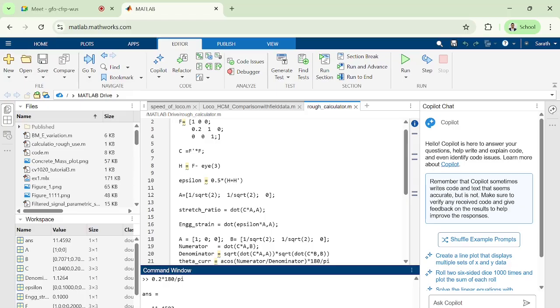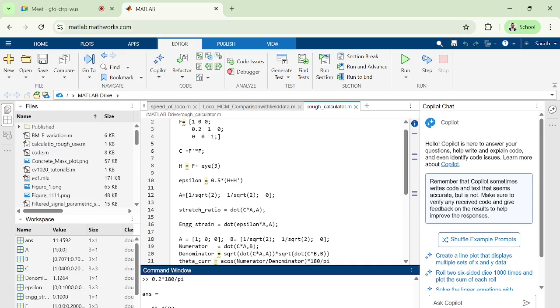Question subdivision K L, same question but along Ex and Ex plus Ey by root 2. Okay. Now, how will we solve? Same, right? A is 1, 0, 0. B is 1 by root 2, 1 by root 2, 0.